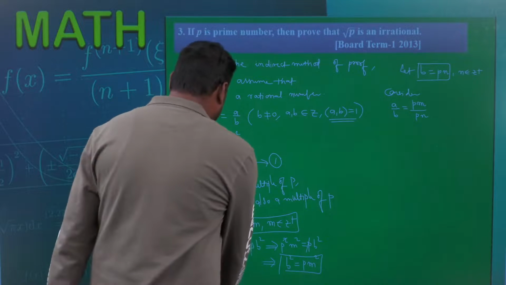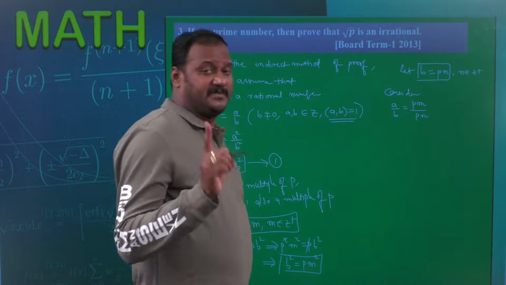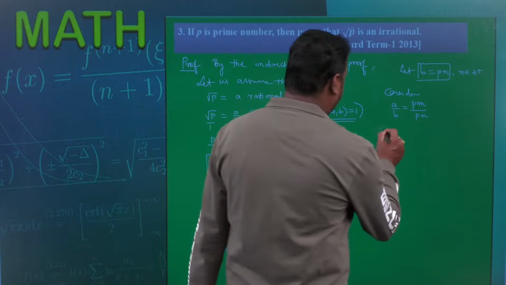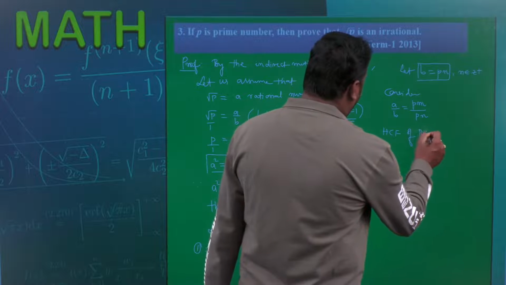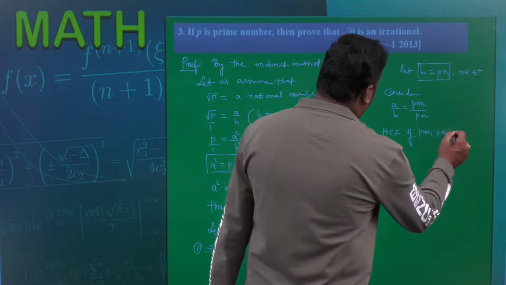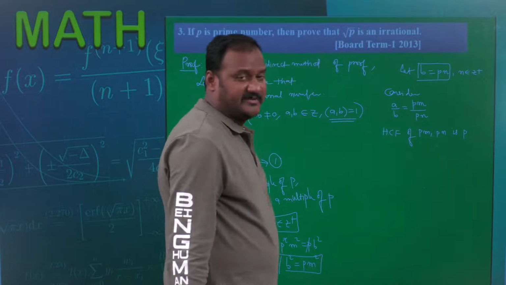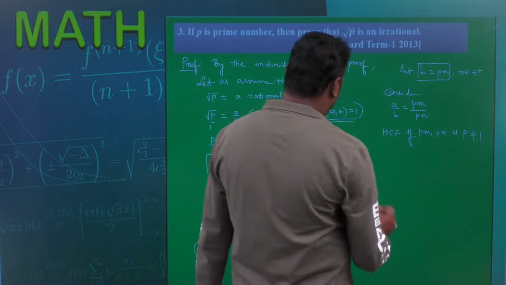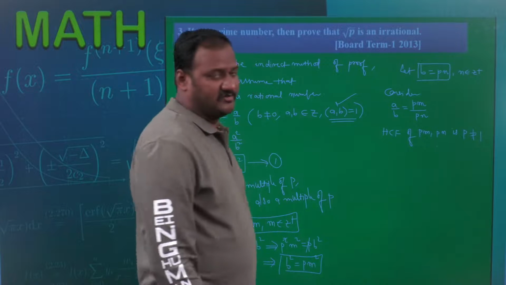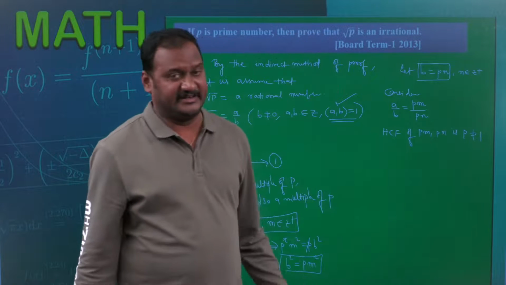So the HCF of pm comma pn is p. HCF of pm and pn is nothing but HCF of a comma b only, no? So which is p, but not equal to 1. Here you have taken HCF is equal to 1. Here you got HCF is equal to p, but it is not 1.